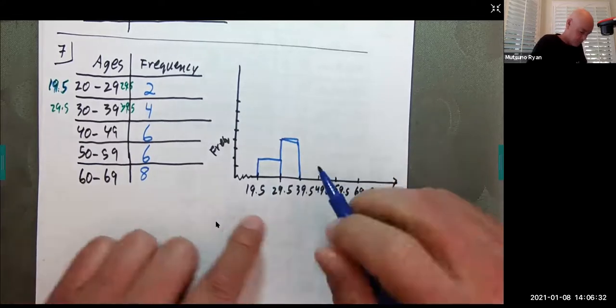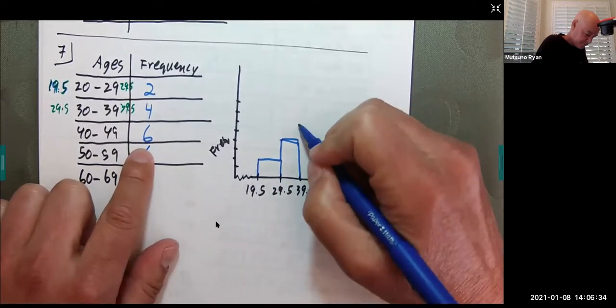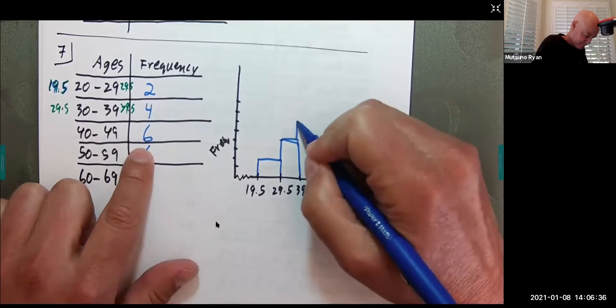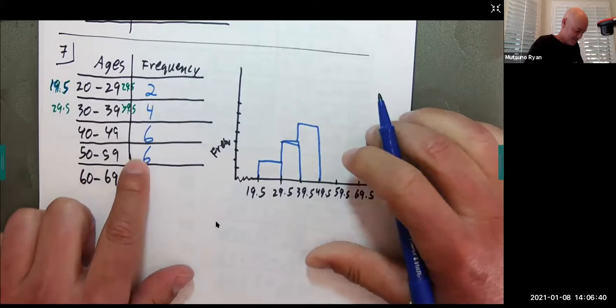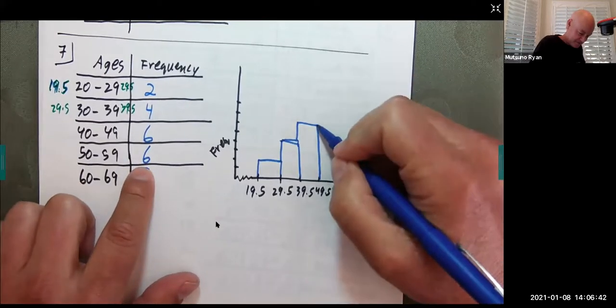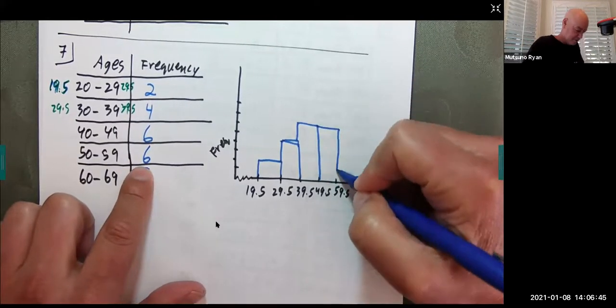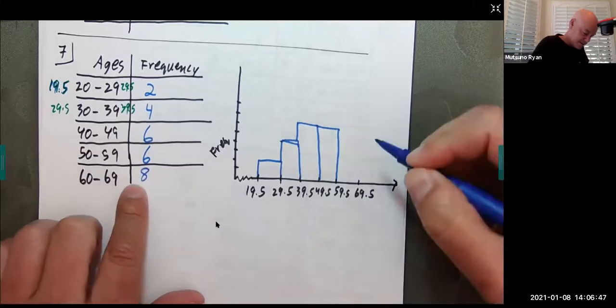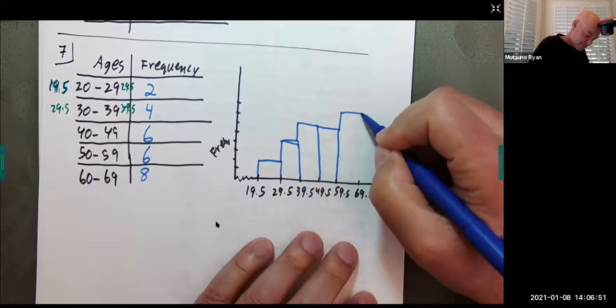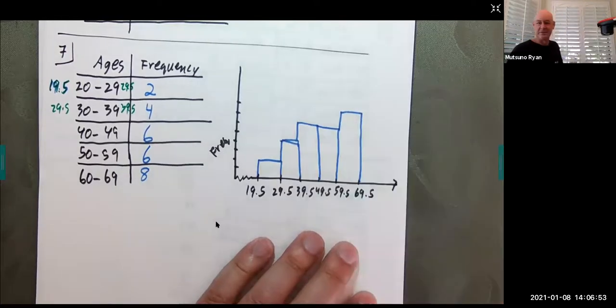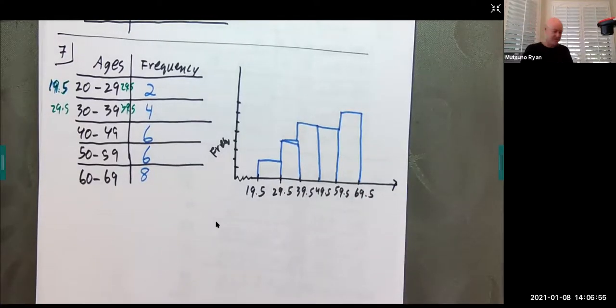Next up, we're going up to 6. Next one is also 6. Leaning Tower of Pisa there. And then here we're going up to 8. That's the best you're going to get out of me, unfortunately. So that is number 7. Let's move on to 8.